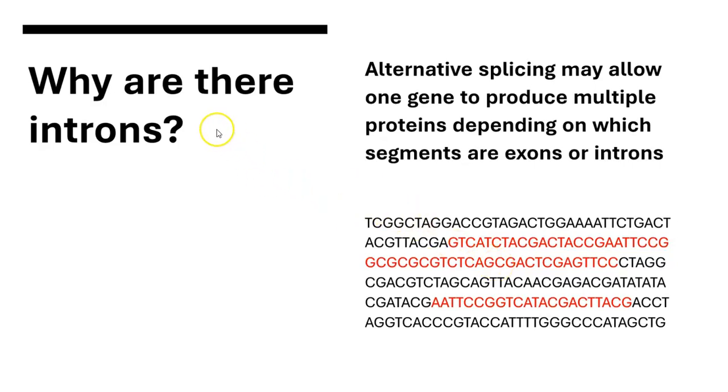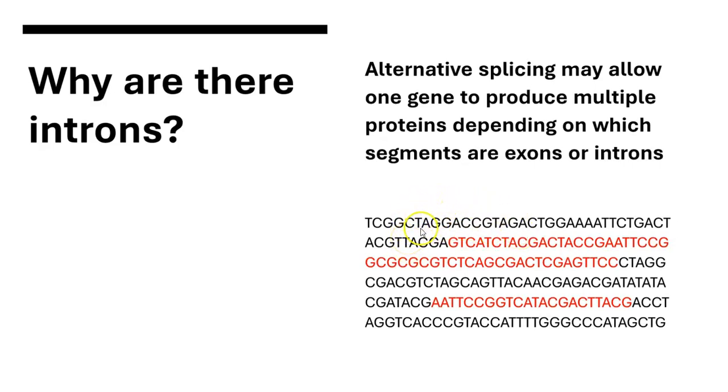Well, alternative splicing simply refers to the fact that one gene can contain information on how to make a multitude of different types of proteins. So this kind of saves space, right? If one gene has the instructions on how to make lots of proteins, that's really important. So that the next time we read that gene, maybe these red regions are the exons and the black regions are the introns.